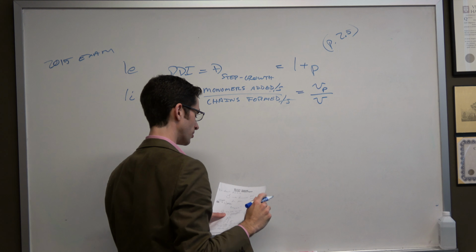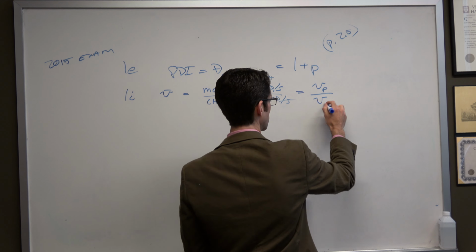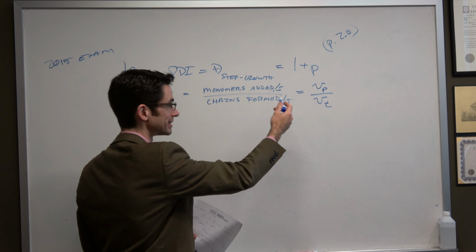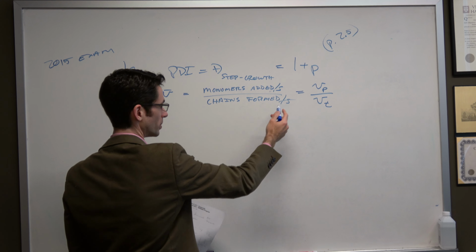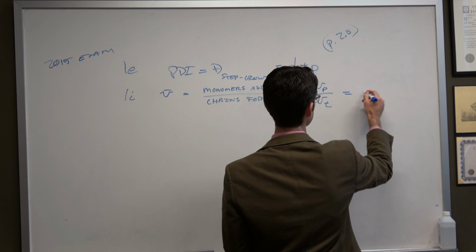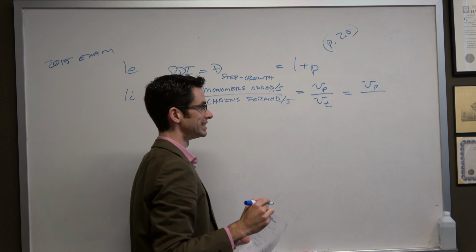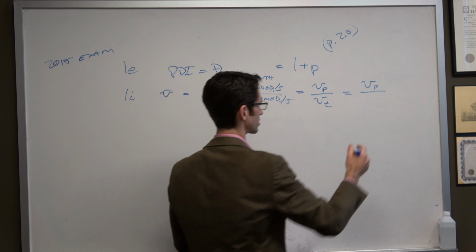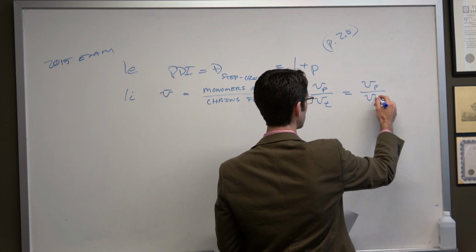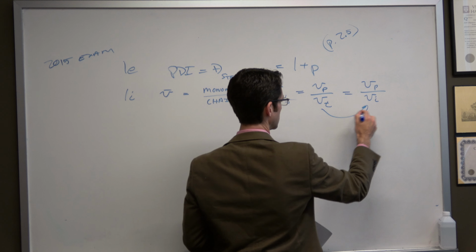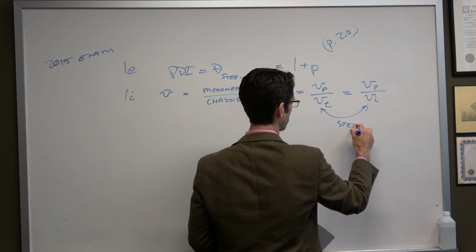This is the rate of propagation over the rate of termination, rate of propagation with the seconds, rate of termination with the seconds. And under steady state, this is equivalent to, the steady state means that Vt equals Vi, so the rate of termination equals the rate of initiation. So this is due to steady state.